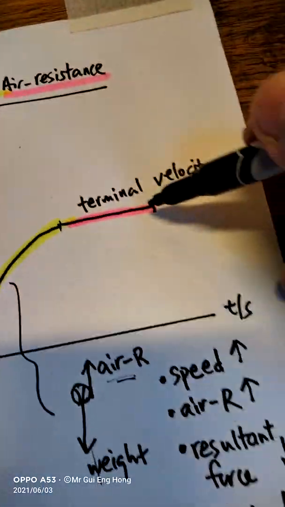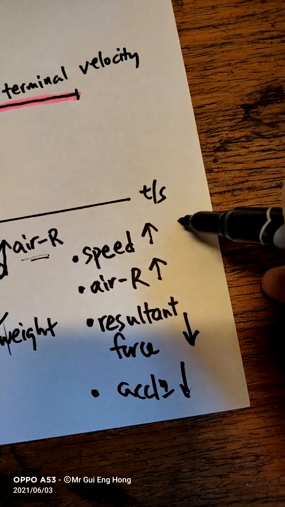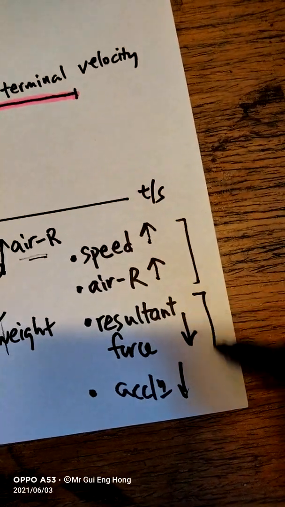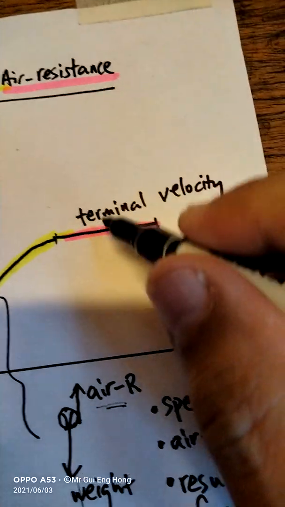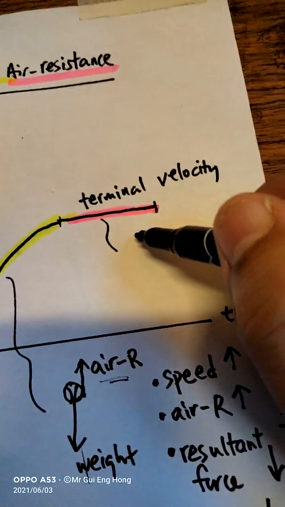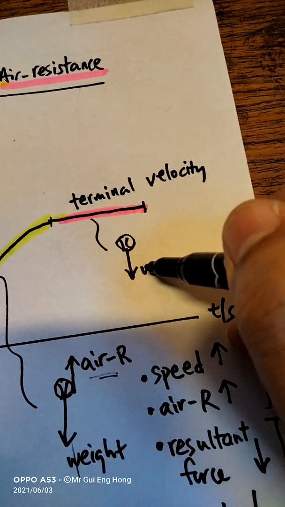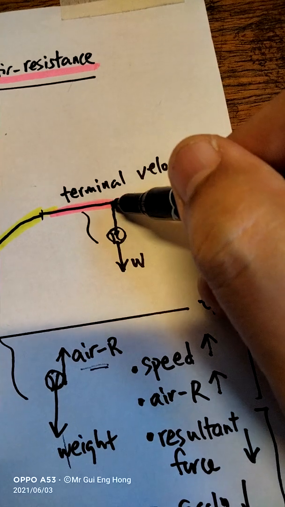And because resultant force equals mass times acceleration, the acceleration will be decreasing, as you see here. Now what about this part here? This part you have to digest. To me, this is the most critical part, and this is part 2. Why does it reach terminal velocity? It's because the air resistance increases until it exactly equals the weight.